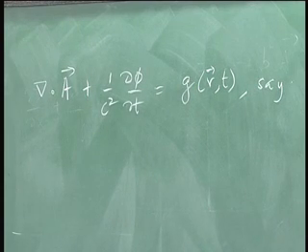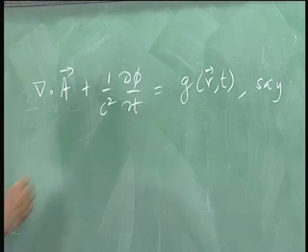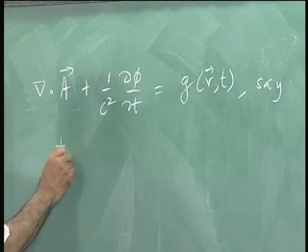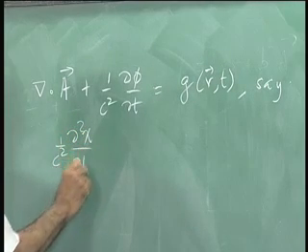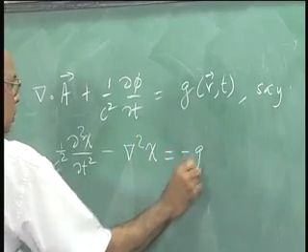Then I go to phi prime and A prime and I choose my chi such that 1 over c squared d2 chi over dt2 minus del squared chi equals g.